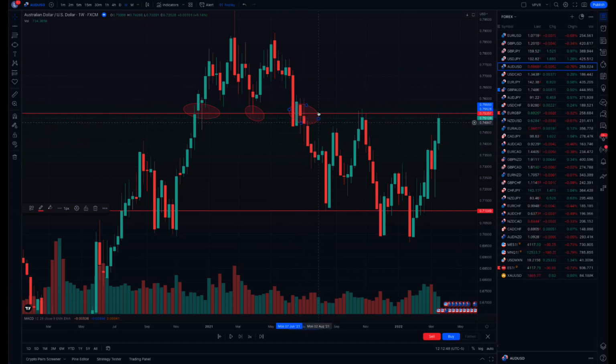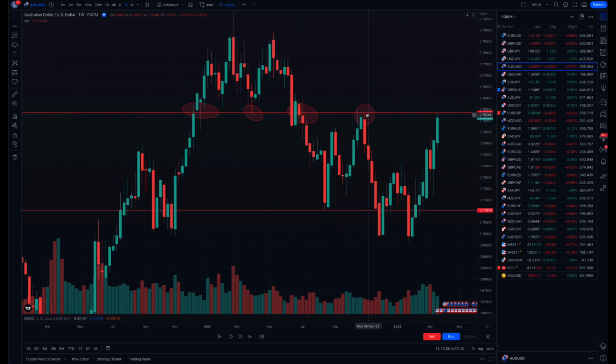But we can see that this area was important, and then it was important one more time here. So we are pretty sure this line was important. For us, this time is for sure going to be important again, or at least there's a high probability. So this is the end of the week.